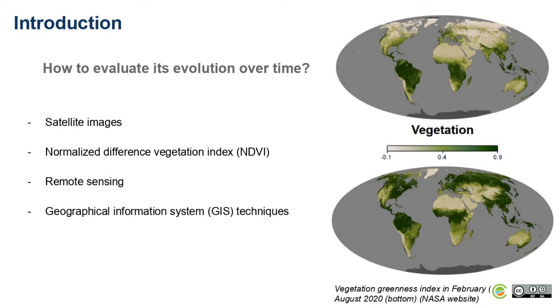The near infrared is the band where we have the most reflectance for vegetation. It has values ranging from -1 to 1, and the positive values refer to vegetation.